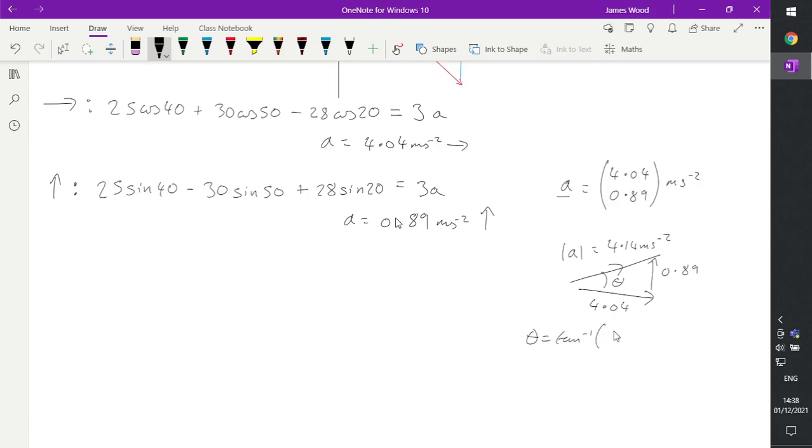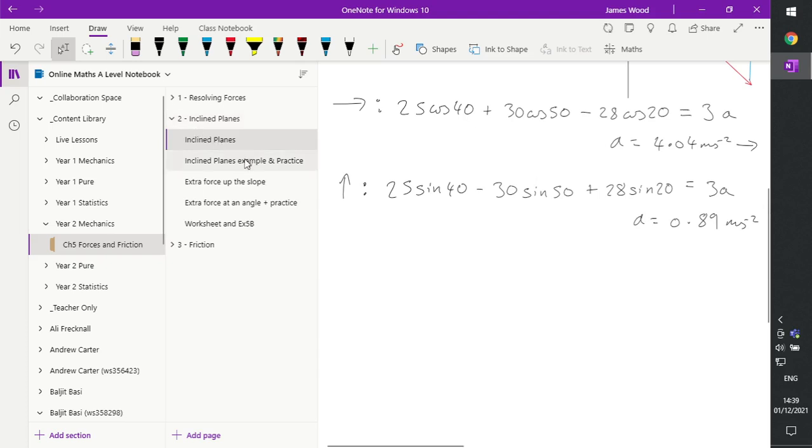So inverse tan of opposite over adjacent. That's 12.4 degrees above the horizontal. So you can see that there are links to vectors here, and actually I could, if I wanted to, lay this all out as a vector calculation. That's essentially what I'm doing, so I'm just considering the horizontal forces and the vertical forces separately. So I could use vectors to do that.